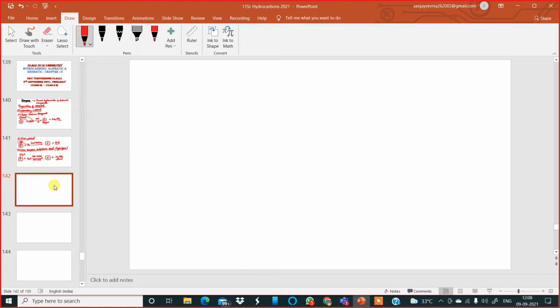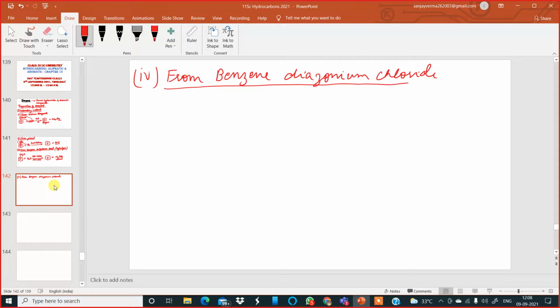After that, moving to the next method, number 4, from a very important chemical, benzene diazonium chloride. Benzene diazonium chloride is a very, very important chemical in organic chemistry.